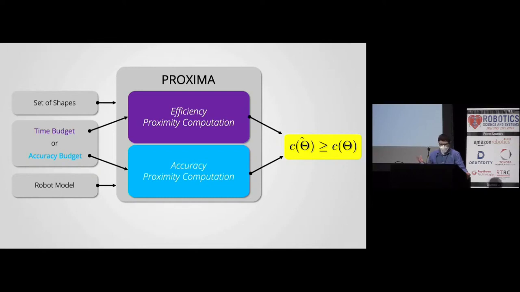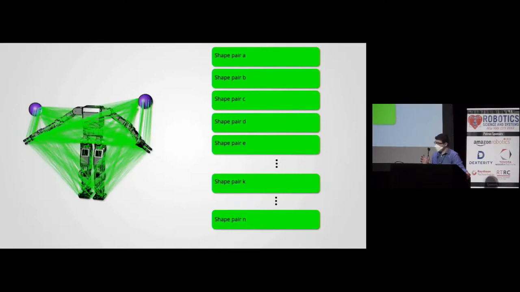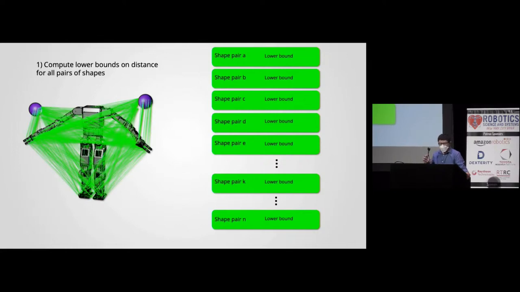So how do we achieve all this? At a high level, our algorithm involves the following steps. First, the algorithm computes lower bounds on signed distance for all pairs of shapes. Our work proposes a novel way for computing these bounds in just a few nanoseconds each, making this step efficient even for scenes with hundreds of shapes.